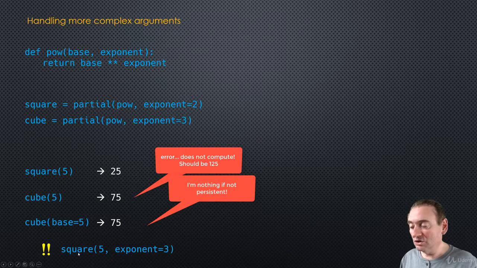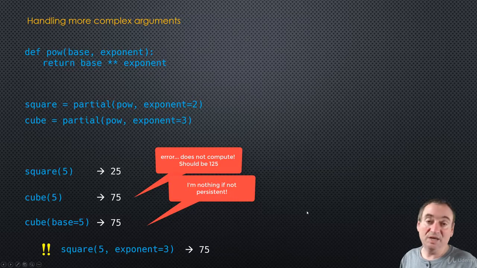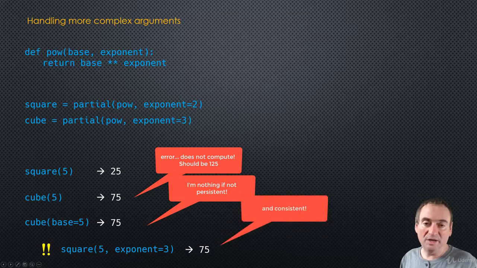So square has an exponent of 2. When we call square here, we're saying, no, make the exponent 3. So you can still override the values. And in this case, we get 125. So just be aware that you can do that. And we'll see an example of where this might actually be useful. We'll see that in the coding section.